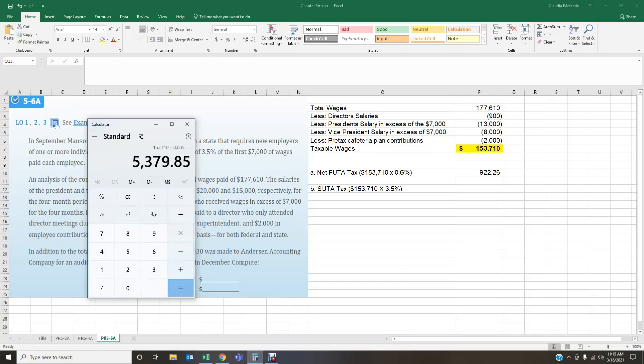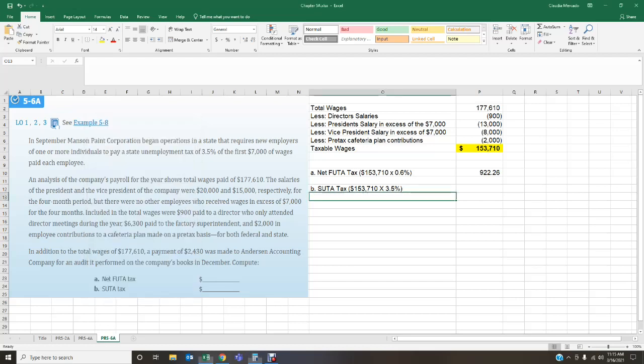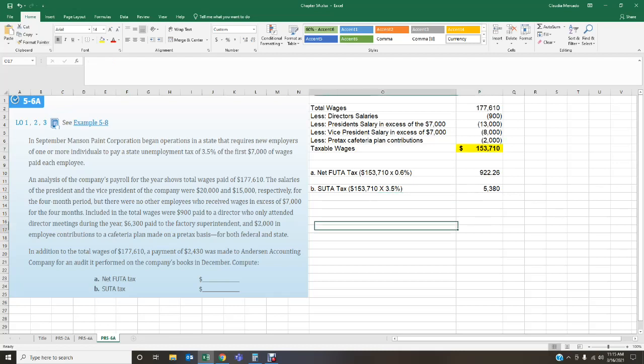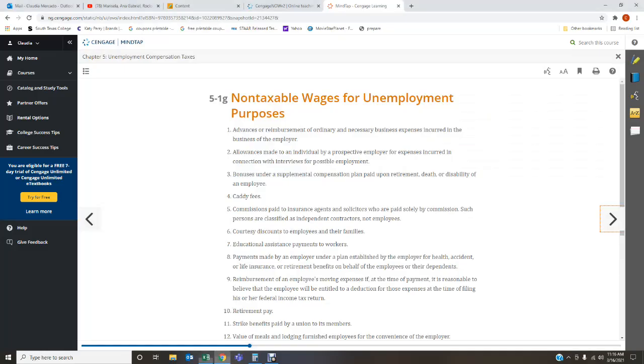That'll give me 5,379.85. Okay, there we go. So these are my two taxes, FUTA and SUTA. 922.26 is for FUTA, and then for SUTA, 5,379.85.